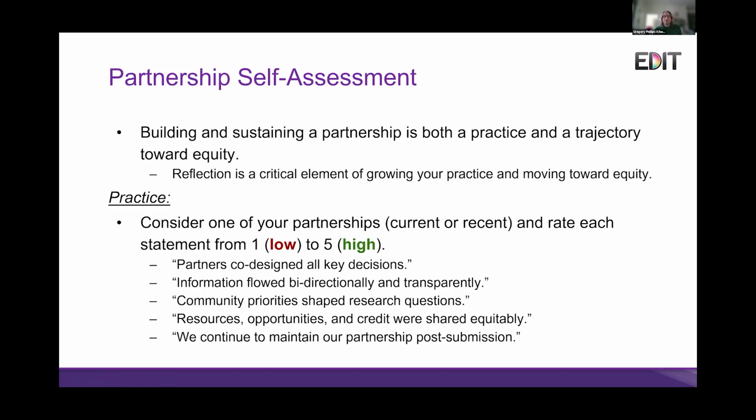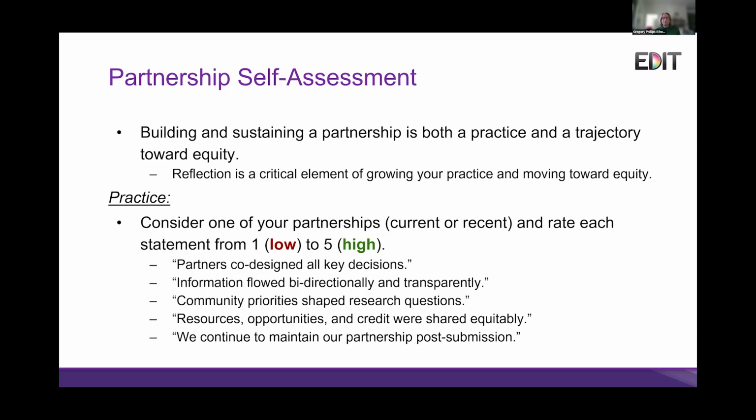That continuum is going to be a goal, but it's not something we should do overnight. Part of the way to get there is reflecting on how we grow our practice and how we move towards equity. So I want all of you to think about how you would rank one of your partnerships.